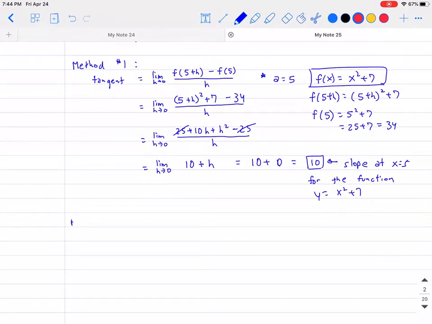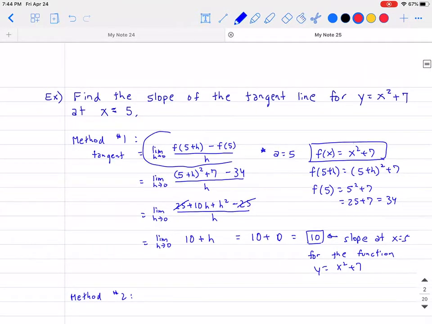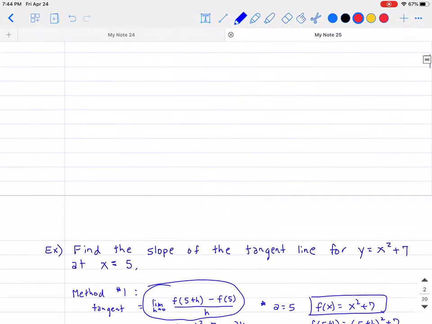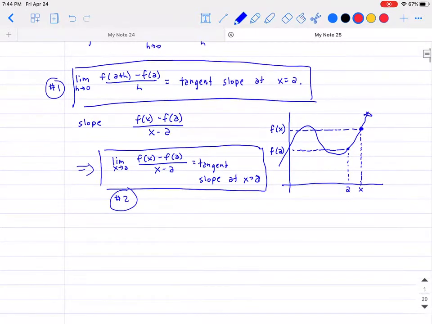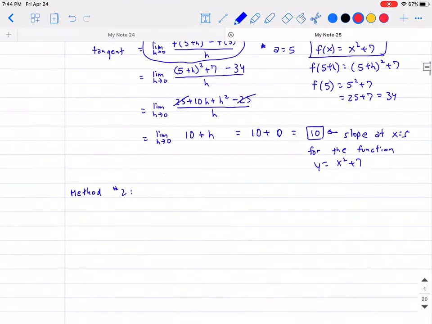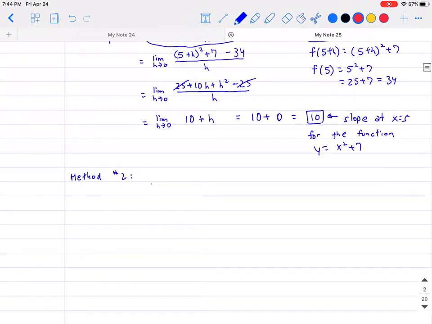Okay. Now, let's go ahead and use the second method to see if this one works better for you. So method number 2 is, instead of using this equation right here in order to find the slope at the instantaneous point, we're going to use this one right here. So let's go ahead and label them for right now. We'll say this is equation number 1, and this guy is equation number 2.